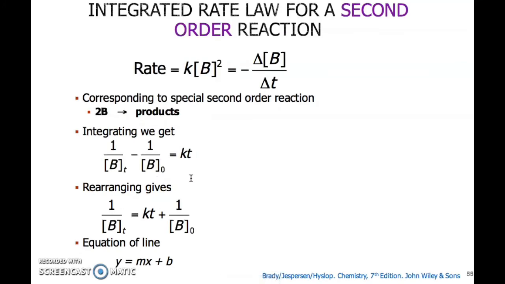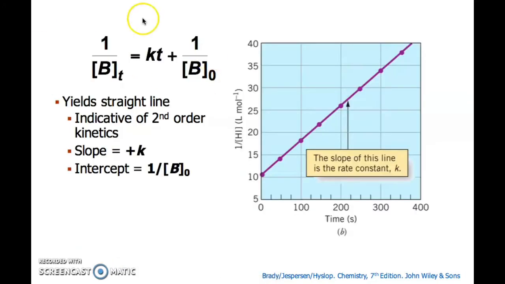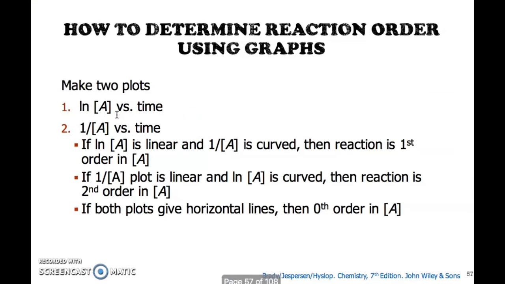And this is for the second order, and look at this exponent 2. And this is the formula. How to determine reaction order using a graph: you need to make 2 plots, 1 and 2 here.